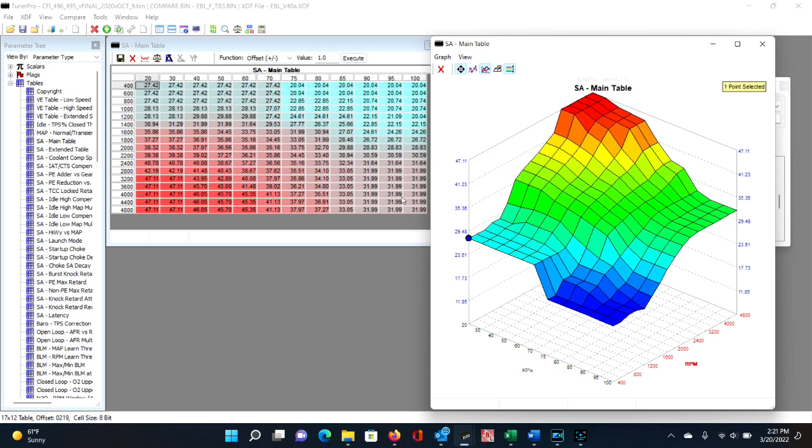Over here, 95 and 100 is wide open throttle, 30 and 40 is deceleration, and then somewhere between 50 and 80 from about 1,000 RPM up to about 5,200 RPM would essentially be cruise. So again, cruise, deceleration, idle, wide open throttle. So that's kind of what the table looks like.